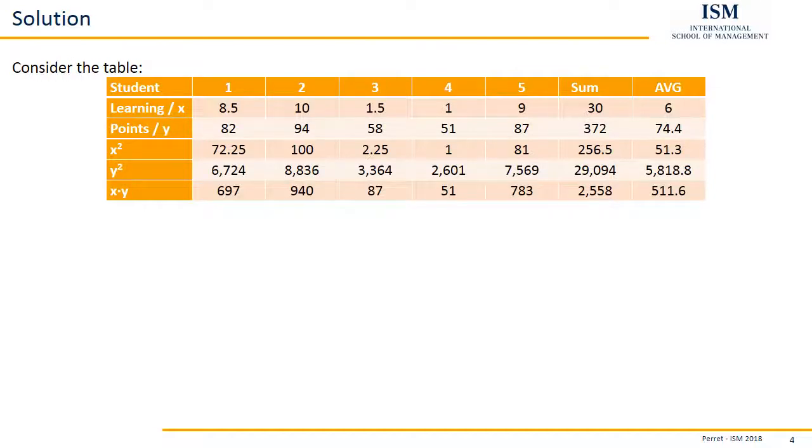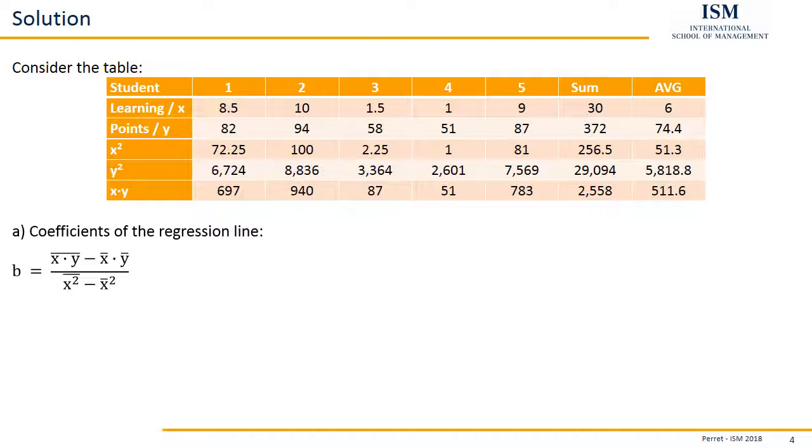If we start, the first thing to do is calculating the slope of the regression line, which follows a set formula. Here we start with the part above the fraction line, where we have the average of x times y, in our example 511.6. From this we subtract the average of x times the average of y, so 6 times 74.4.